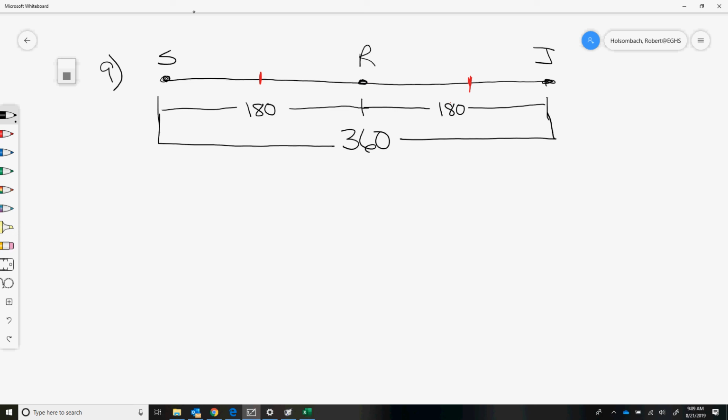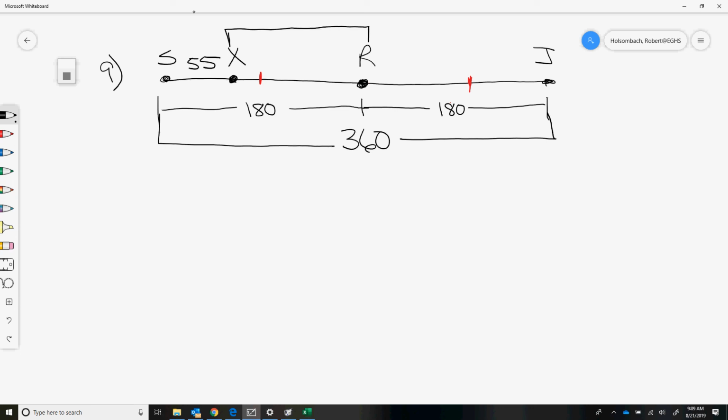You've got this point X right here, and then you've got a 55. And here's the question. If they have already traveled 55 miles, so they're at point X, how much further must they travel before they stop for lunch? Well, they're stopping for lunch in the middle, aren't they? So aren't we trying to find this distance, from X to R?